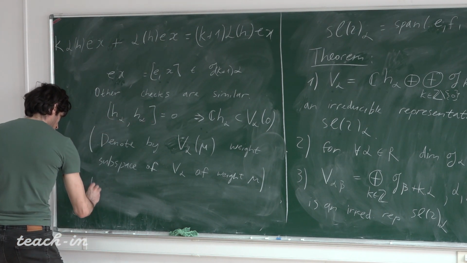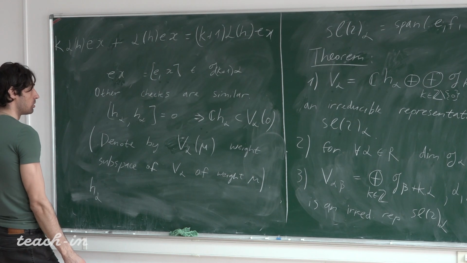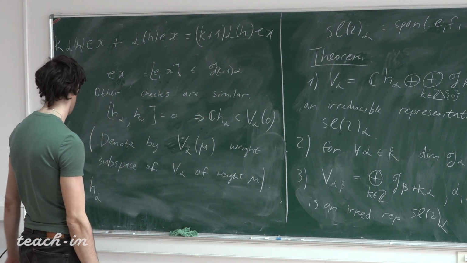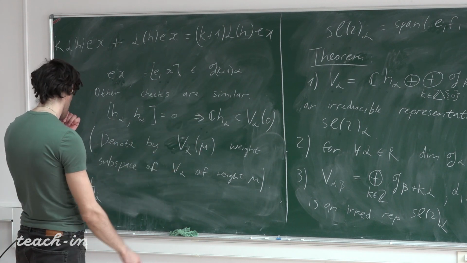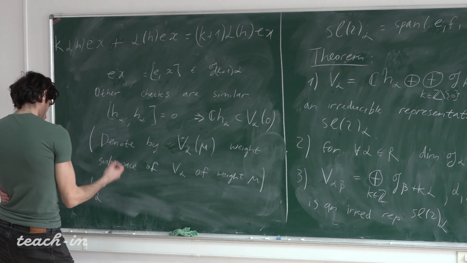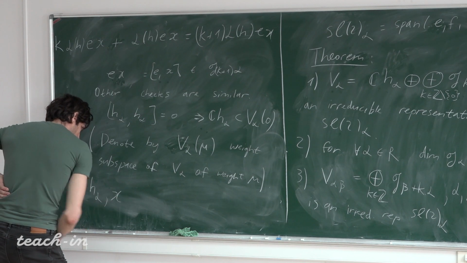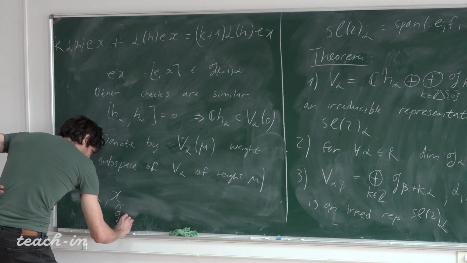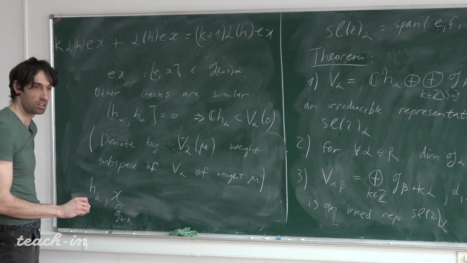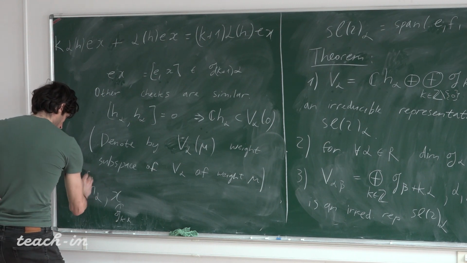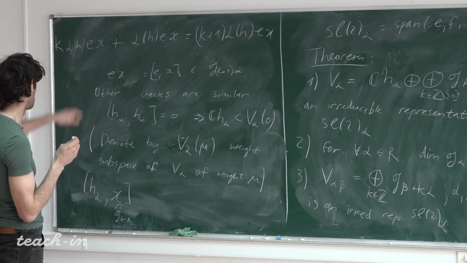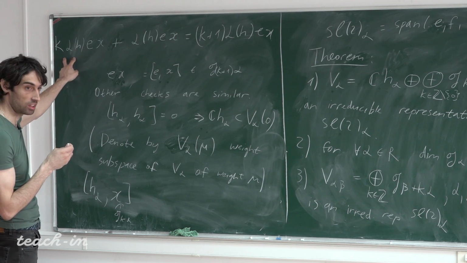But now let me take H alpha and act on some other direct summand here. So let me take X, which lives in g k alpha. I compute the commutator. We already had it here.